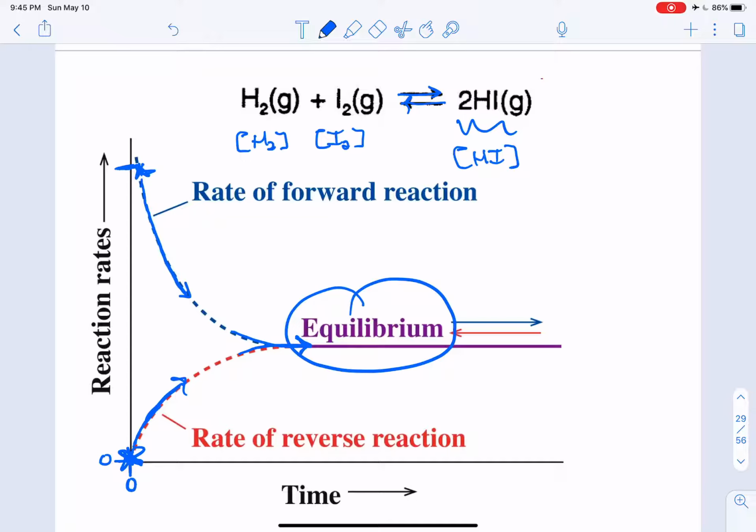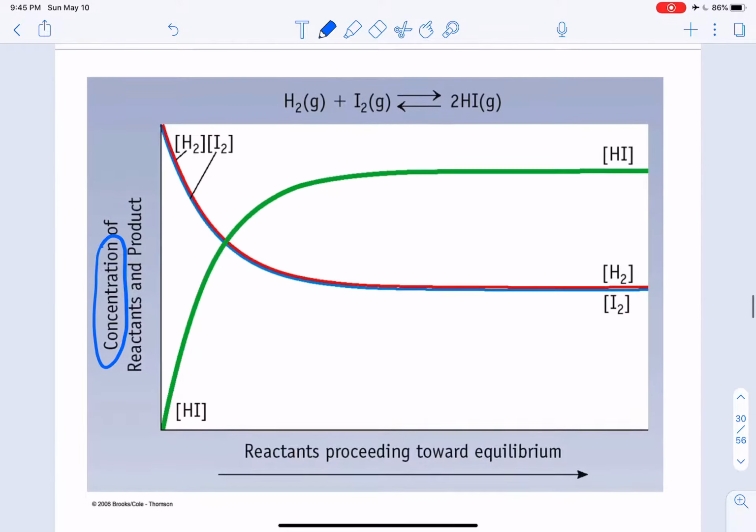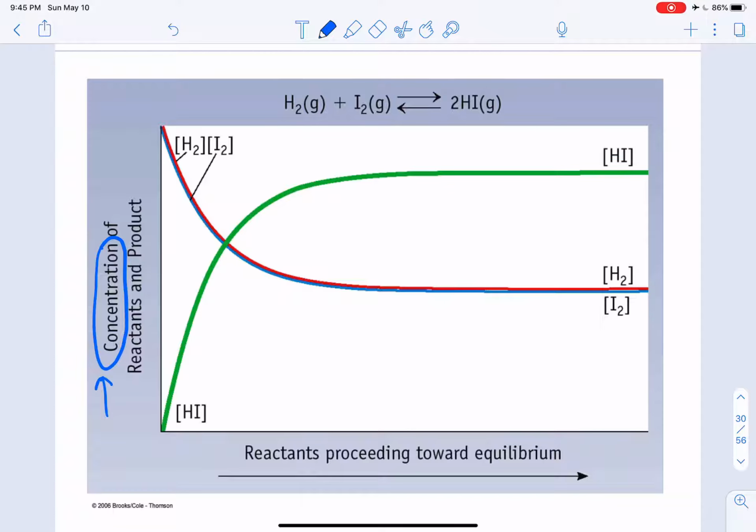So we've got equilibrium in here. So that's reaction and time. And on this graph, we're going to look at concentration. And we could also call this time down here. So reactants proceeding towards equilibrium.